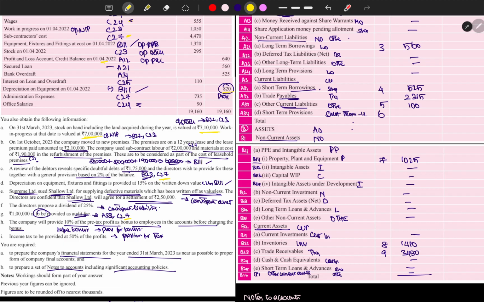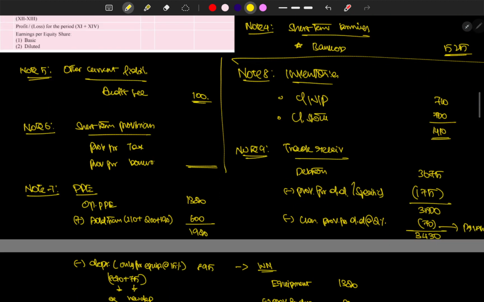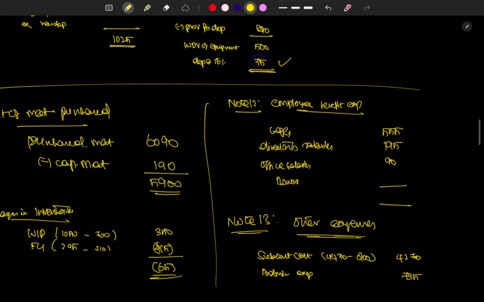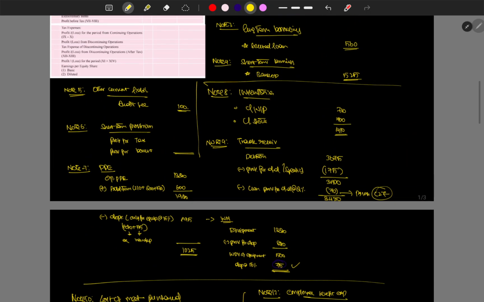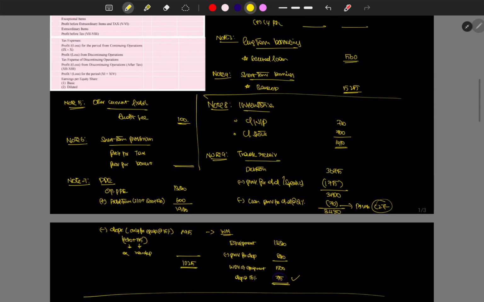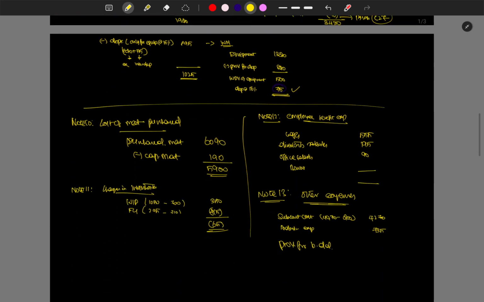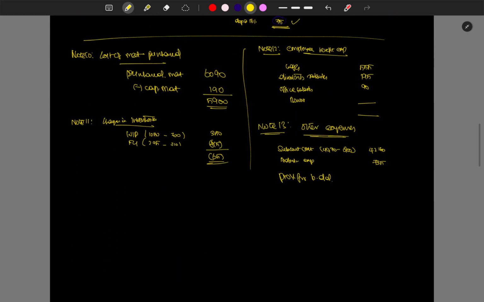Okay, right? Any other? That's it. Provision. How much provisions we have created here? Provision for bad and doubtful debts is 1,75,000 plus 70, 245.